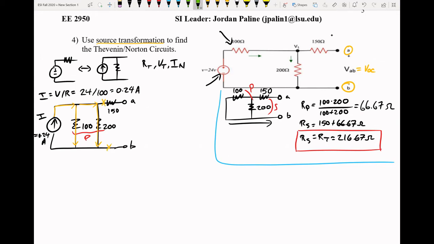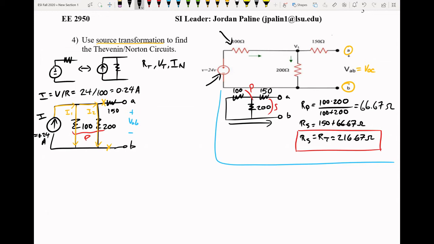Since these terminals are in parallel with this one and this one, all we need to do is determine the voltage across one of those branches, and we can figure out the voltage across the open terminals. So I will call this one I1, I'll call this one I2. And let's not forget, this is VAB over here.